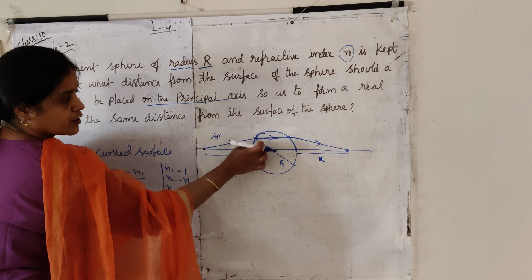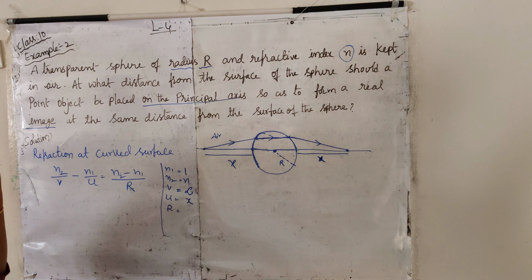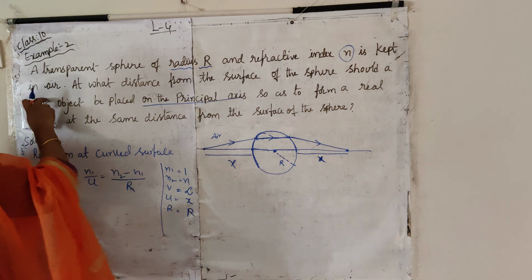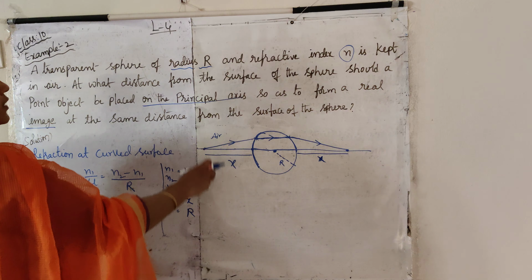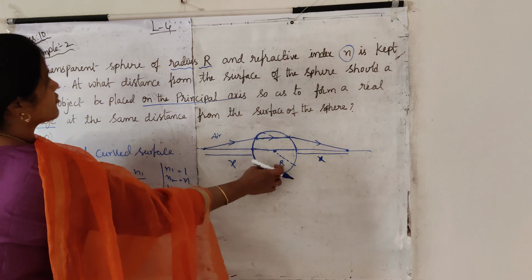And R value is given, the radius R, and here refractive index value also is given. Refractive index n, and it is kept in air. Radius of curvature, here it is given, radius R is given. And we have to find out whether these values V, U are positive or negative. So this is the optic center.